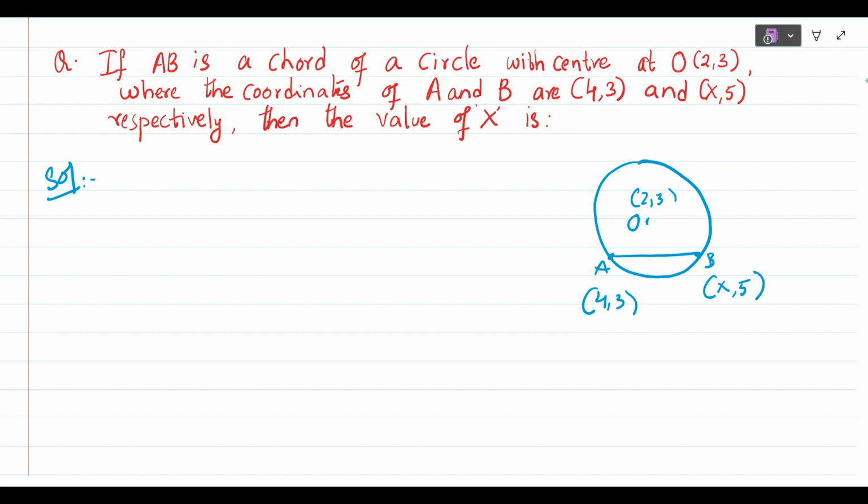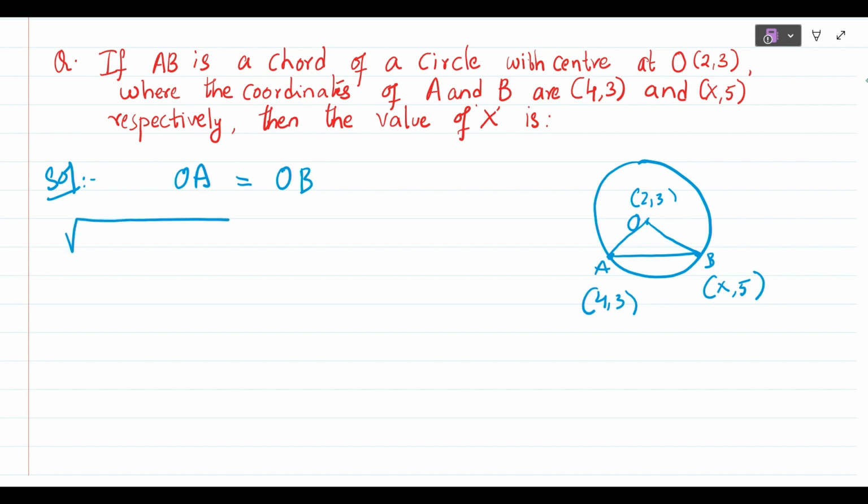If you join OA, it will become the radius, and if you join OB, it is also a radius of the circle. So the radii of the circle are equal. So the distance OA will be equal to the distance OB. Now we have to use the distance formula and equate them.